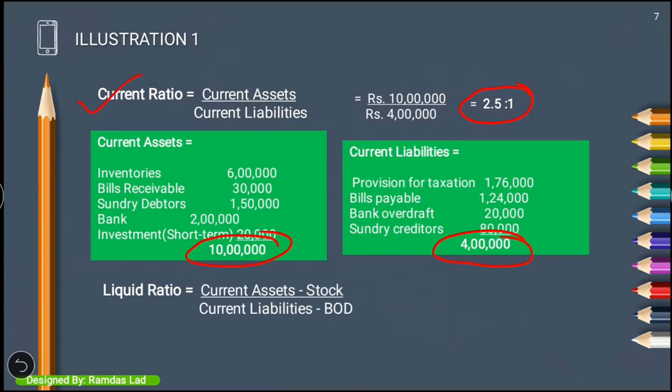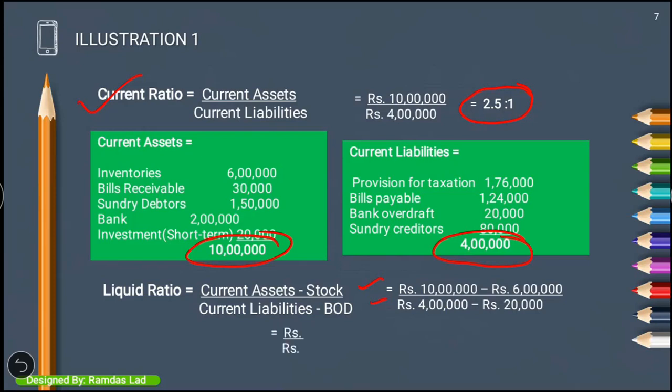Now the second one, liquid ratio, which is also called quick ratio. So quick ratio is equal to current assets minus stock divided by current liabilities minus bank overdraft. So current assets rupees 10 lakh minus stock or inventories rupees 6 lakh, divided by current liabilities rupees 4 lakh minus bank overdraft rupees 20,000.